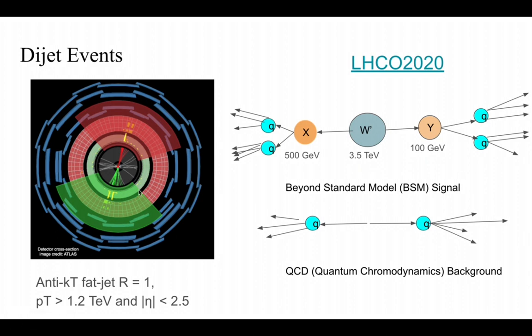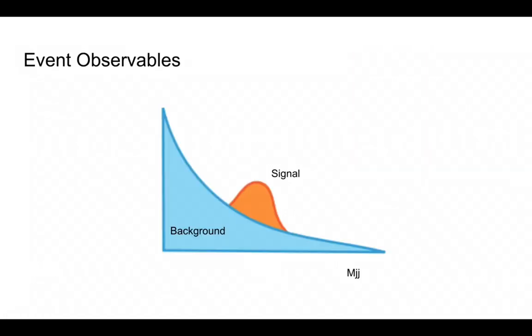The jet algorithm used for this study is based on the anti-kT clustering algorithm using the FastJet package with jet radius 1.0. There's already a pre-selection on kinematics applied to the jets. Each jet requires transverse momentum greater than 1.2 TeV, and the rapidity should be less than 2.5. For each event, once you get two jets, you can calculate the invariant mass of the two jets.